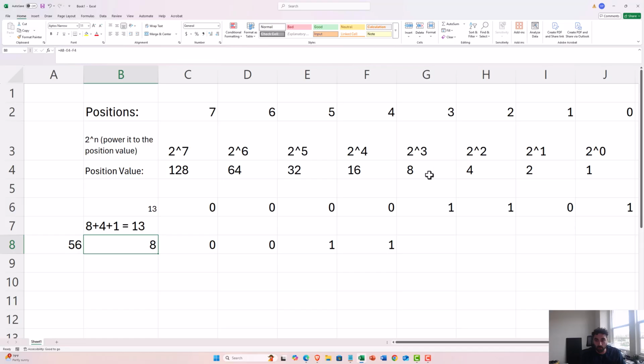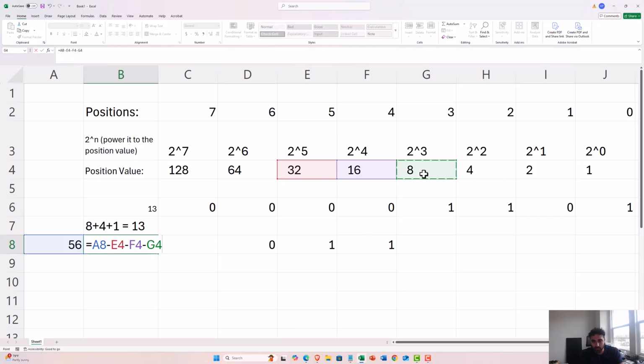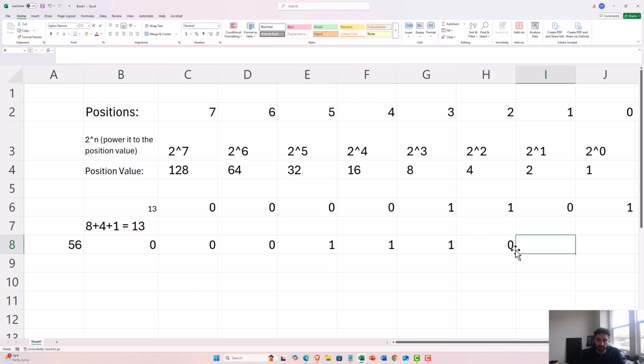Oh, 8 fits perfectly in 8 right here in position 3. So what we can do is just subtract that and it equals 0. And the rest of the positions become 0. So to represent the number 56, it would be 0, 0, 1, 1, 1, 0, 0, 0.